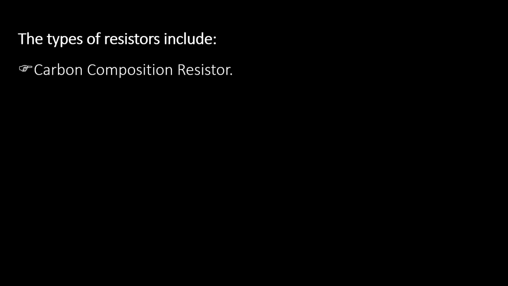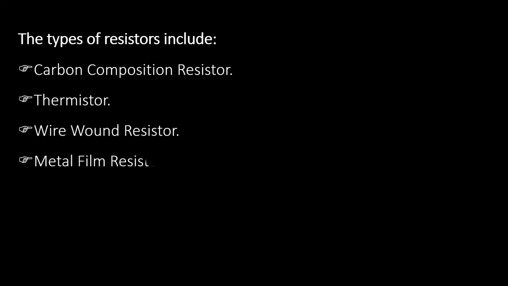There are different types of resistors available. Some of them are carbon composition resistors, or thermistors, which depend on temperature; they change resistance value depending on temperature. Then you have wire wound resistors. Nowadays metal film resistors and carbon film resistors are preferred over the other types.